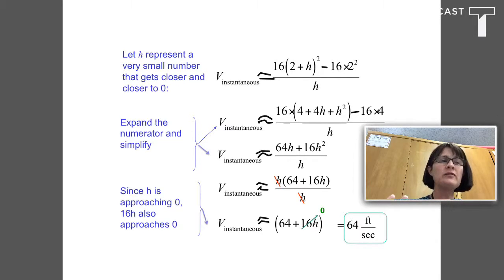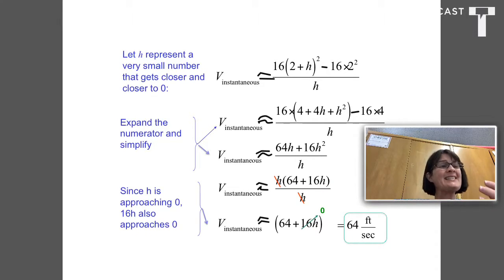I could use that same formula, that idea of distance traveled divided by time elapsed. And if I let the time elapsed become so small that the difference between the two times is practically zero, remember I could make a table, let h get smaller and smaller and smaller, then I could use that to try to understand what instantaneous velocity is.